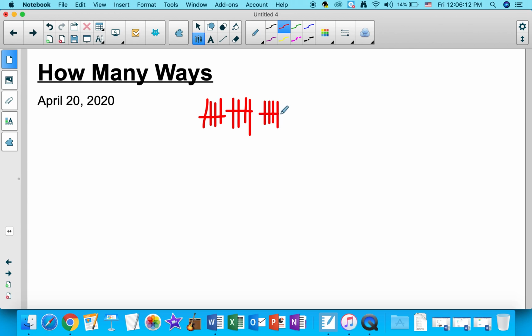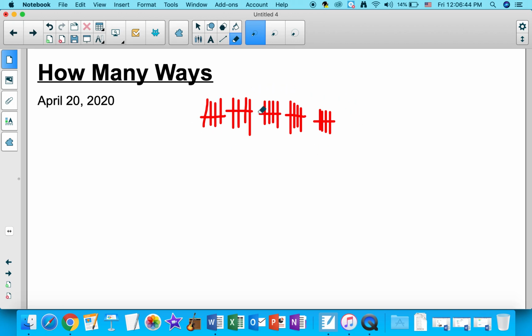Shut the door on 15, 16, 17, 18, 19. Shut the door on 20, 21, 22, 23, 24. Shut the door on 25. I'm just going to go up to 25. Okay. So make sure you're shutting the door at every fifth tally. It's like you're counting by fives.